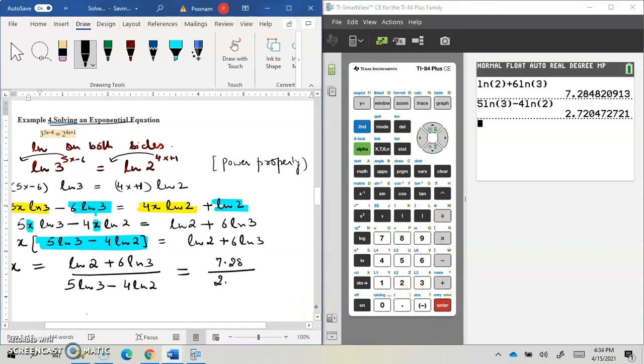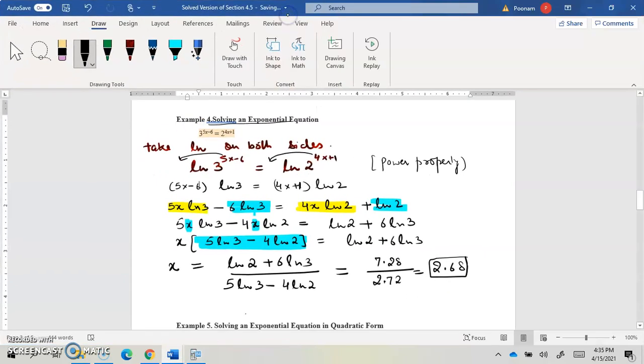That is 2.72. We can divide both of these terms. That gives 2.67, rounding off to 2.68. So x is 2.68.